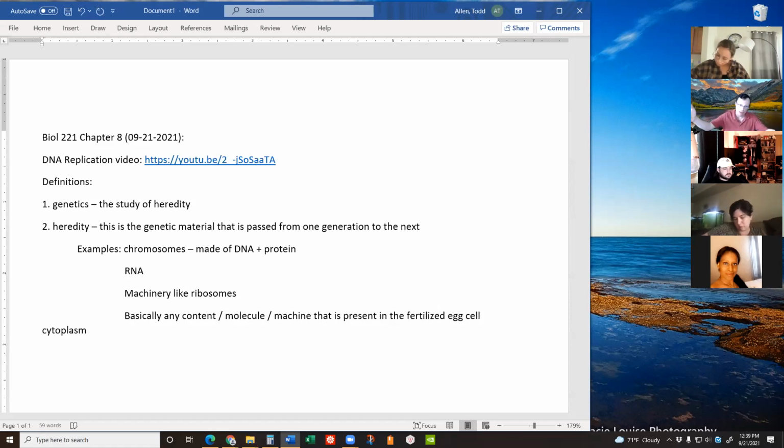Now, some of the molecules and some of the structures that get transmitted to the next generation of cell are transitory in nature. In other words, they don't last very long, but just because they don't last very long doesn't mean they don't have an impact.